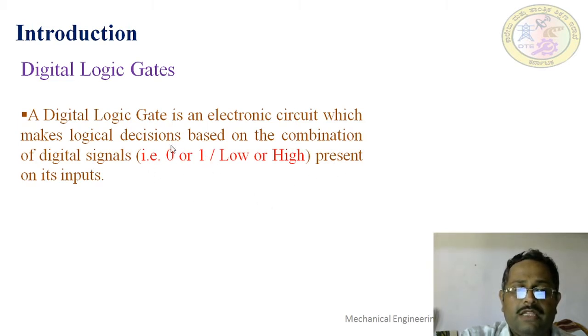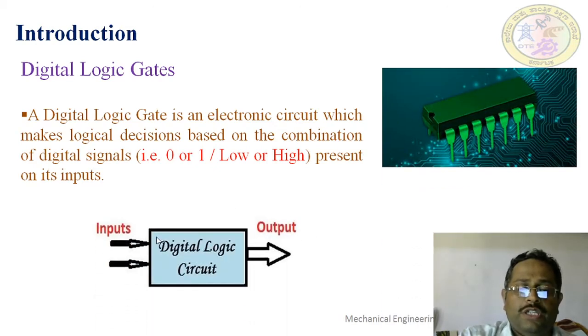The digital logic gate receives one or more inputs and it will give only one output of digital type. The inputs are also digital signals only, that are in the binary form, that is 0 or 1. This figure shows the integrated chip of a logic gate that we are using in reality.